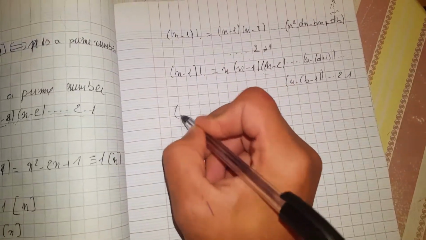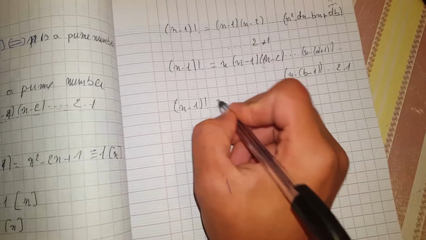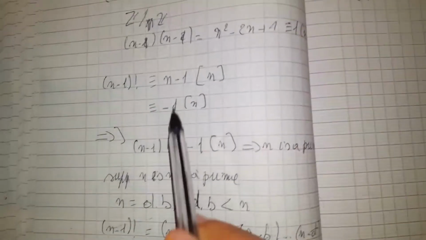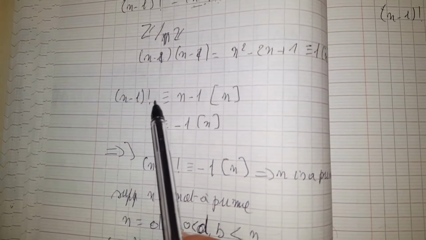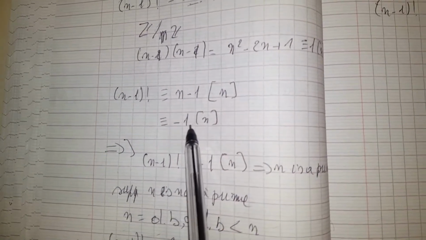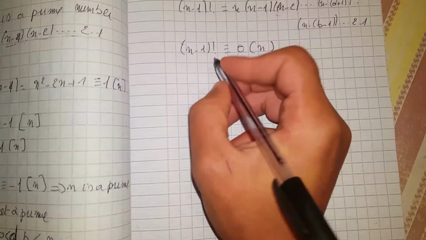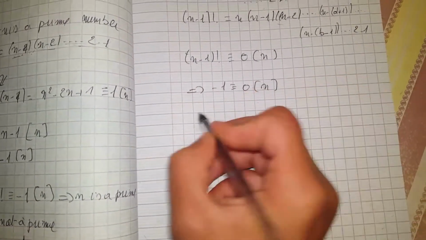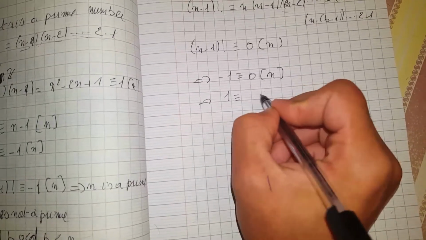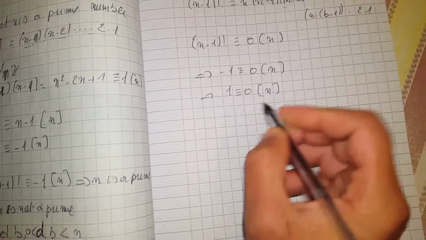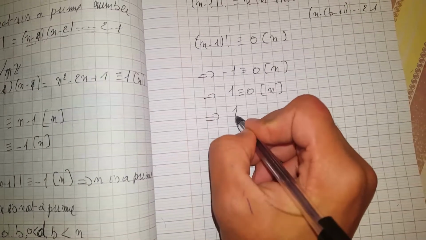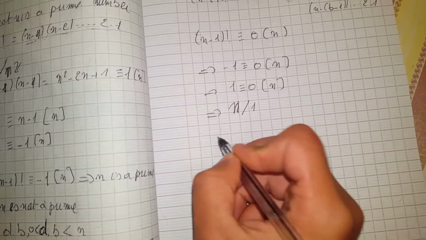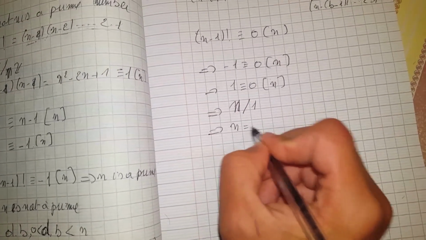So this will be congruent to 0 modulo n, and we supposed that (n minus 1) factorial is congruent to minus 1, so that will give us that minus 1 is congruent to 0 mod n, and that will give us 1 is congruent to 0 mod n, so n divides 1, so n is equal to 1.